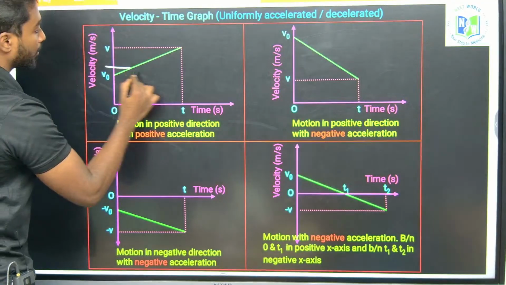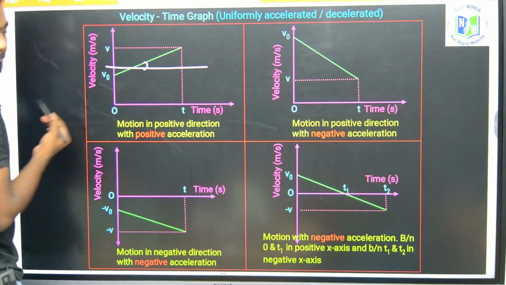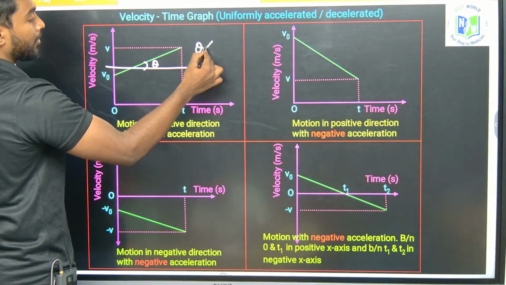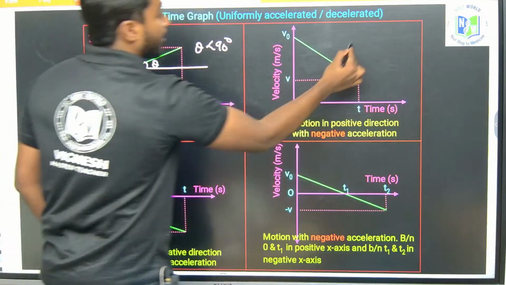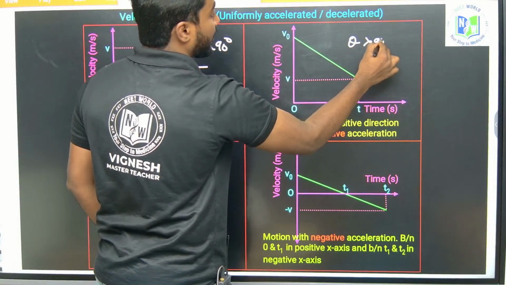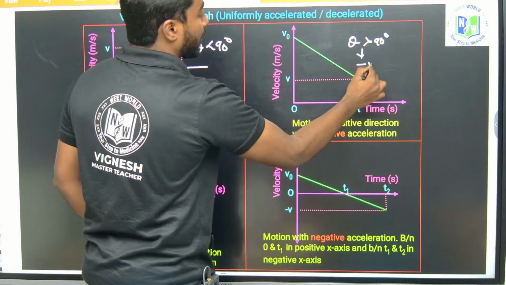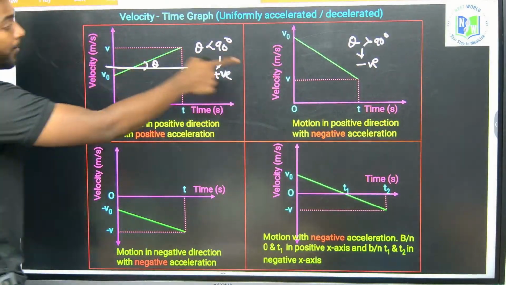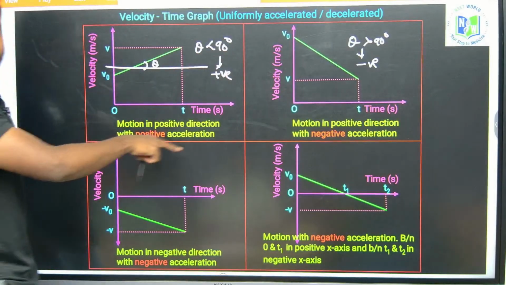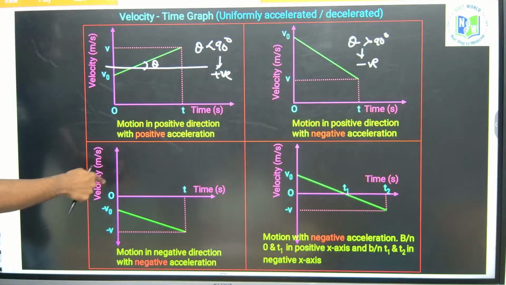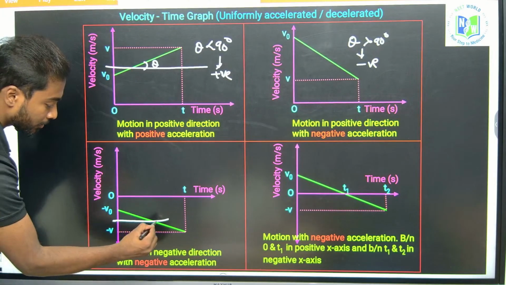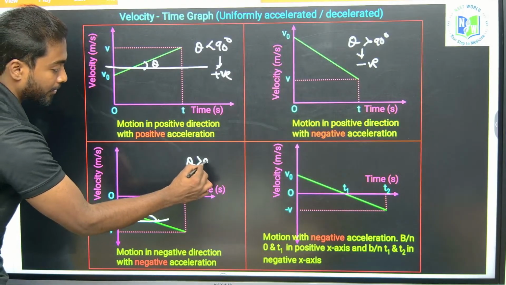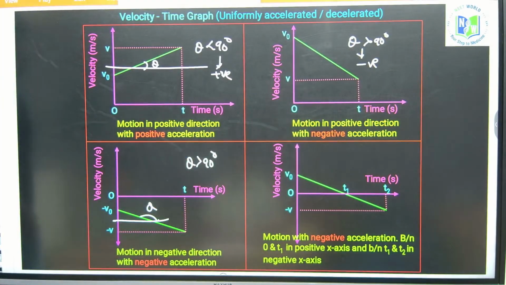If I take an angle over here, theta is less than 90 degree, here theta is greater than 90 degree, so it is negative and this is positive. Both are in the positive direction, but here positive acceleration, there negative acceleration. For the negative direction, if you take the angle, theta is greater than 90, negative acceleration.